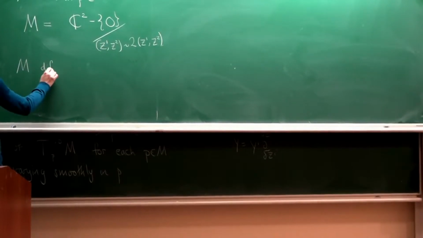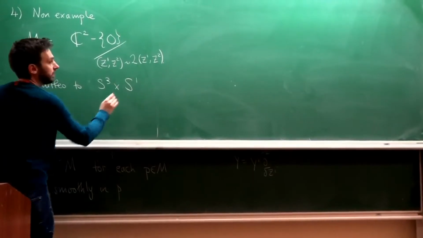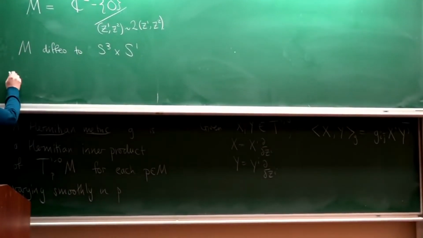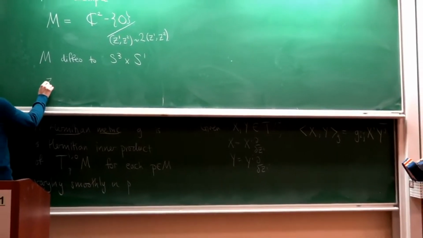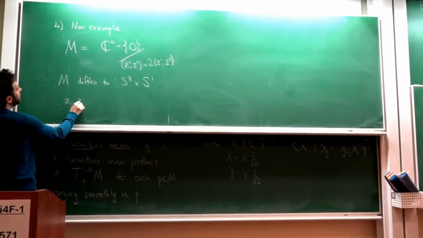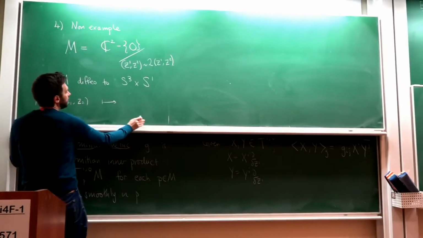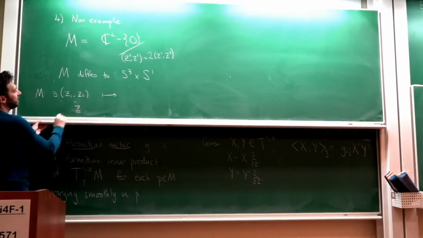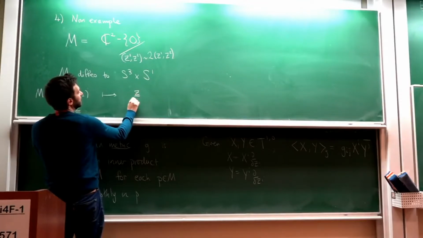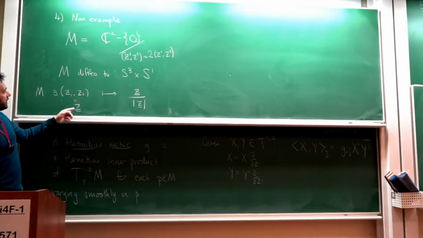And in fact, you see that M is diffeomorphic to S3 cross S1. And it's not difficult to see that because you can take (z1, z2) in M and send it to, let me call this z with an underline, z divided by the length of z, where I think of this as being inside R4.